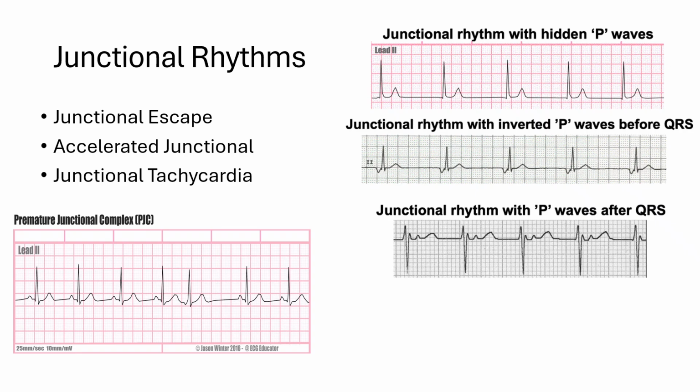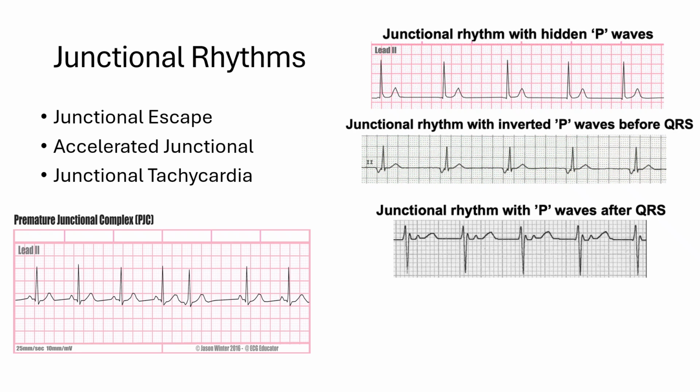Now, we are going to talk a little bit about your junctional rhythms. Now, you're not going to be required to interpret them for this course. However, you will see them frequently in the clinical setting, and it's important you understand what is going on. So, they are going to result from the SA node failing to fire. And because of this, the AV node is going to pick up the work and become that default pacemaker.